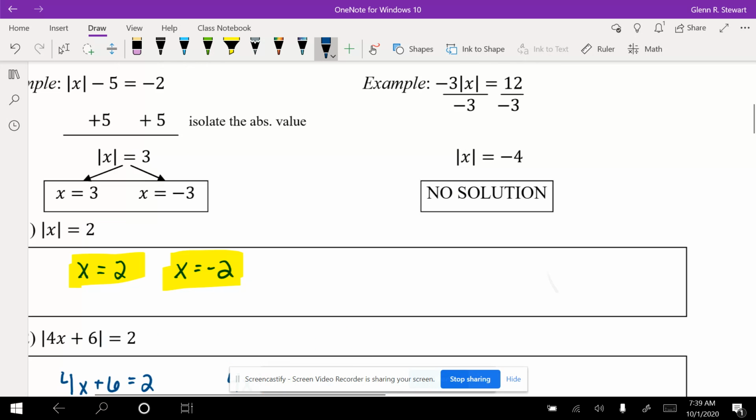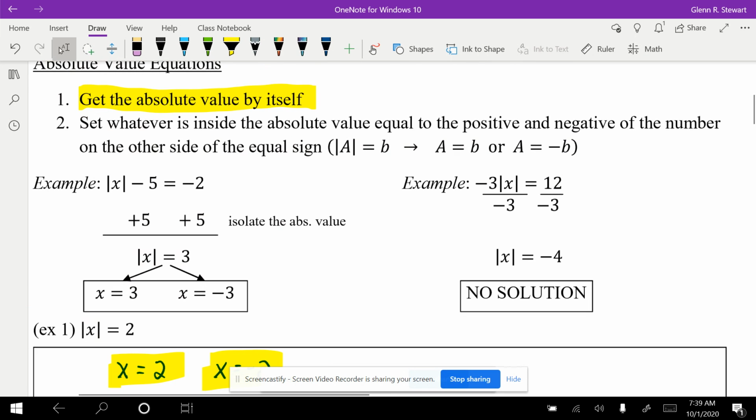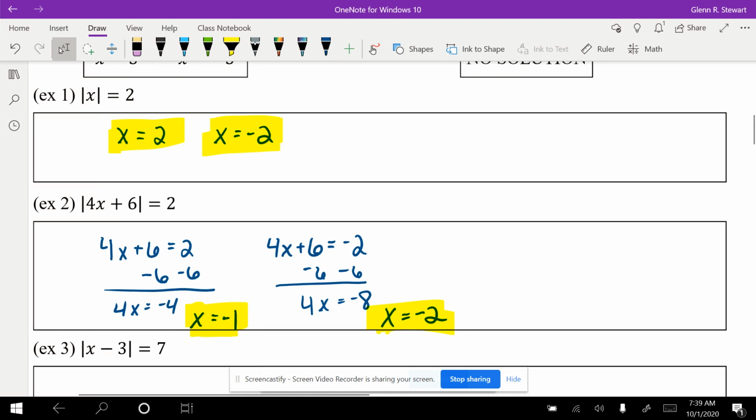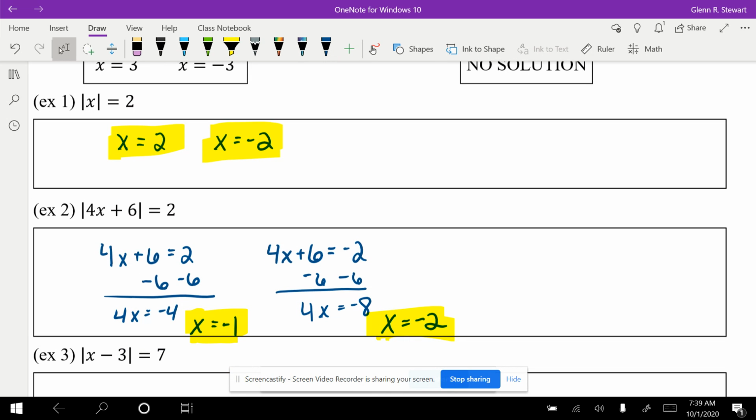Whenever we're looking for absolute value, we want to take the absolute value away. We want to make one of our numbers positive and one of them negative. Because if we were to plug those numbers back into any type of absolute value, any negative numbers that we plug in will turn positive, and any positive numbers will stay positive.